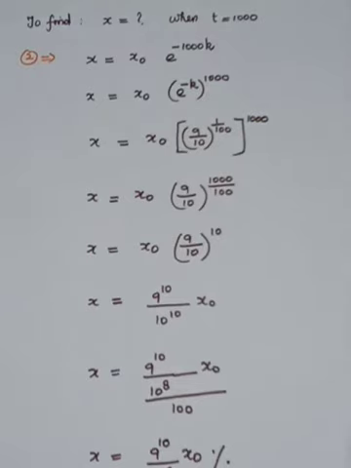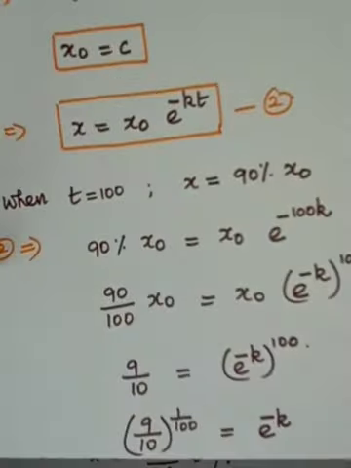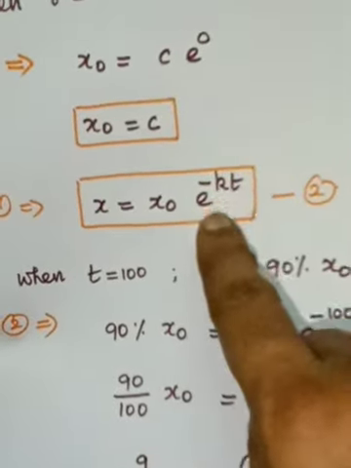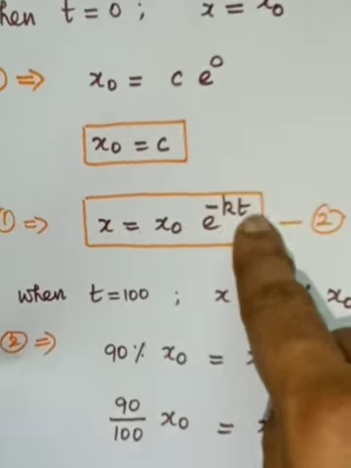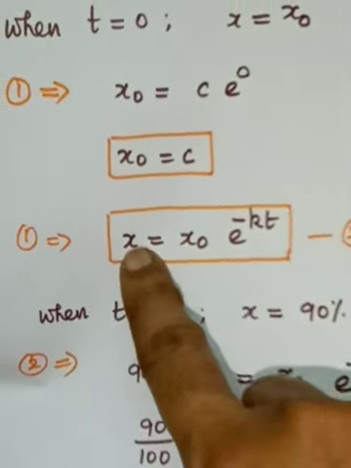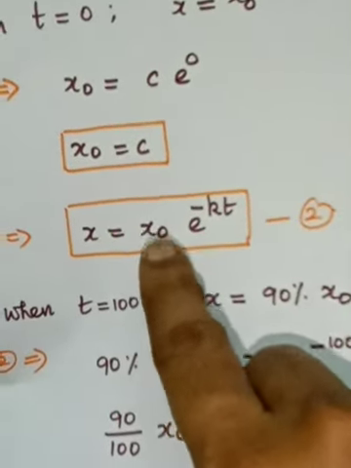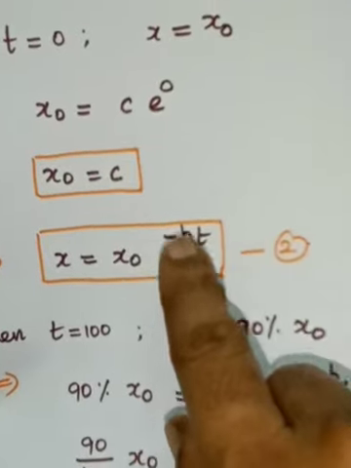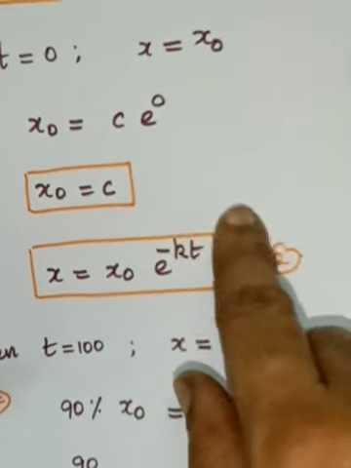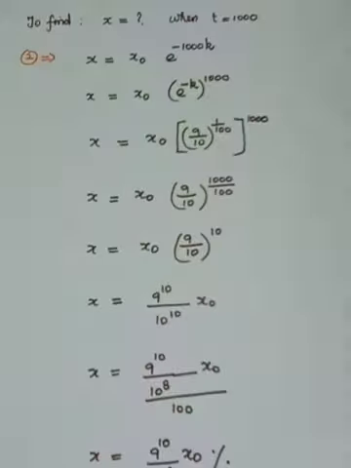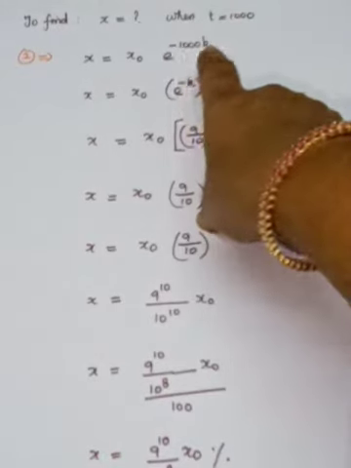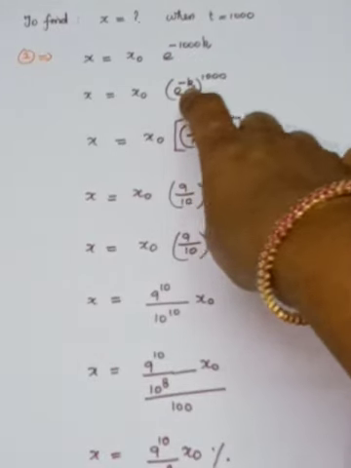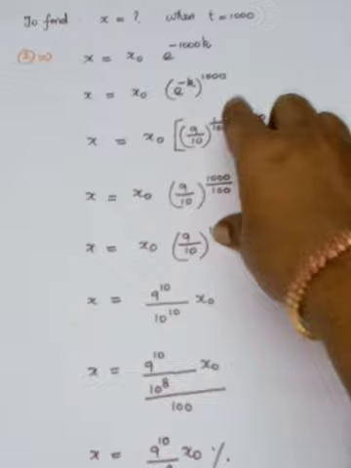What is the second equation? X is equal to x naught e power minus k into t. Here x has to be found. So x is equal to x naught e power minus k, and what is your t now? 1000. So it can be written as e power minus k the whole to the power 1000.